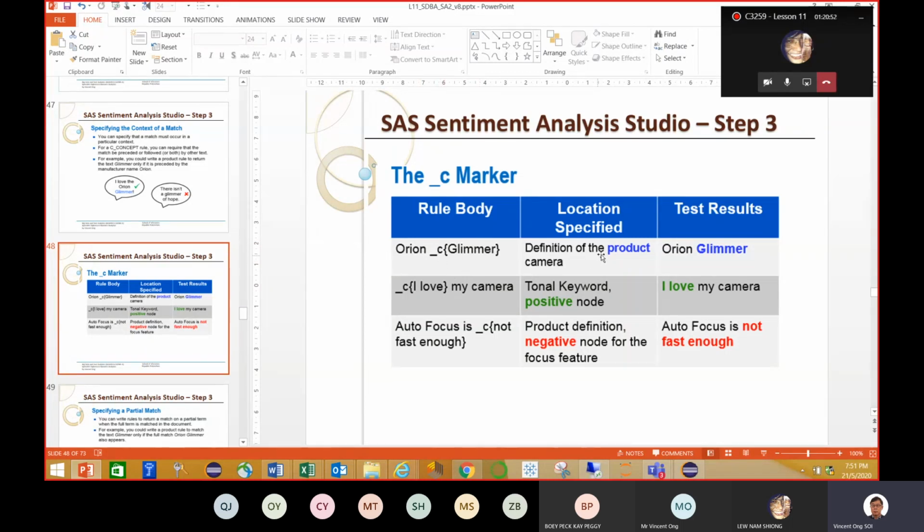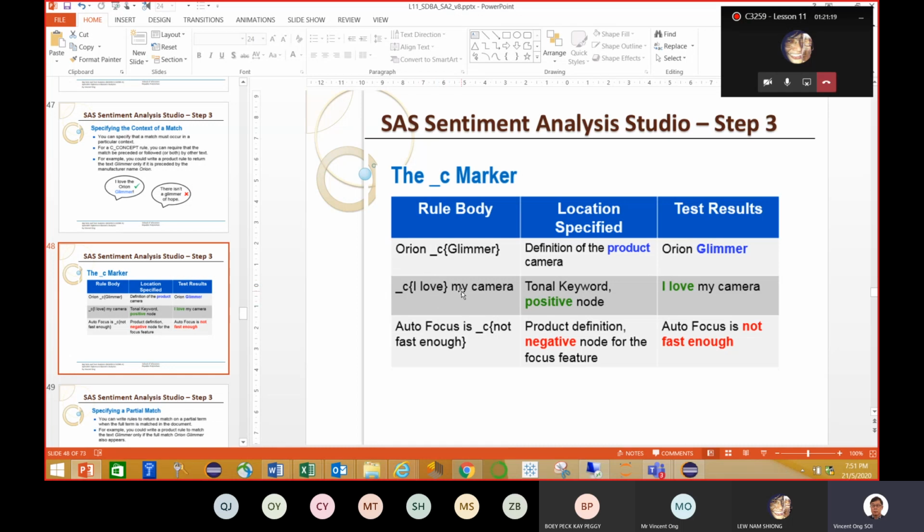Here we are defining at the product camera level. So if I have Orion glimmer, it's basically just the same pattern again. If I put C marker, I love my camera, that means I'm looking for this pattern.